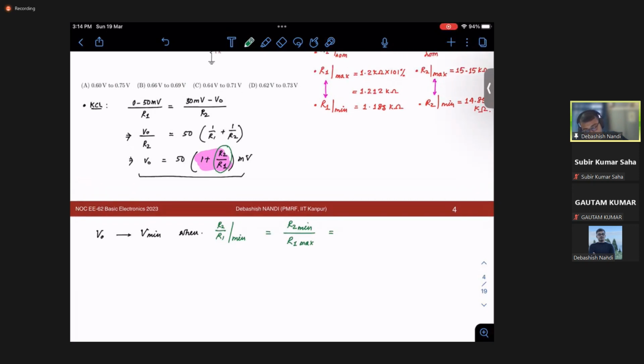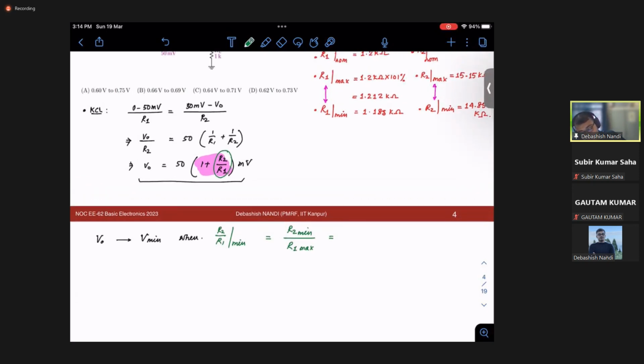R2 minimum we know is 14.85 and R1 maximum is 1.212. So 14.85 over 1.212 comes out to be 12.2524.